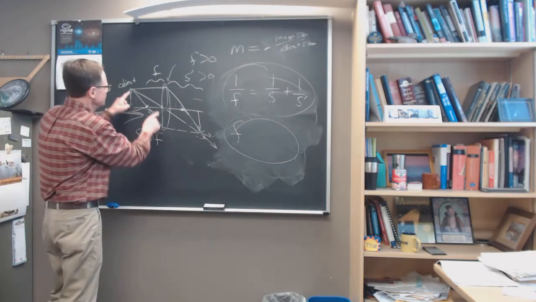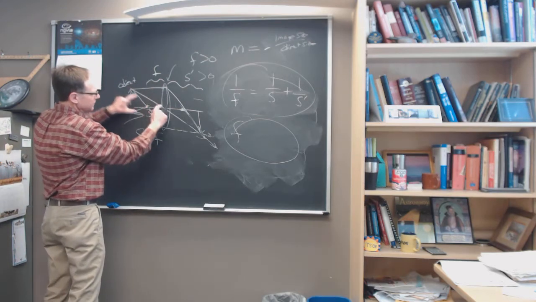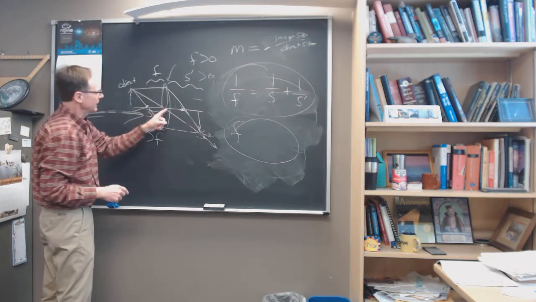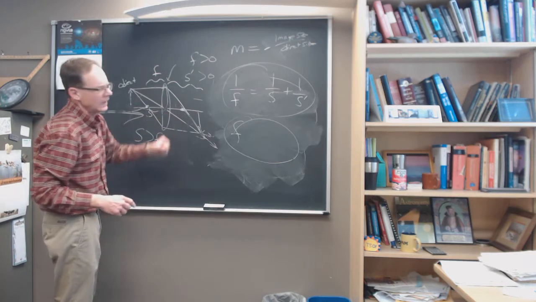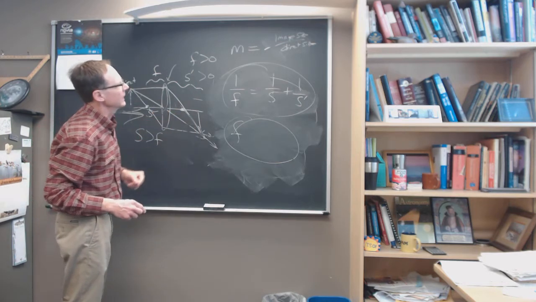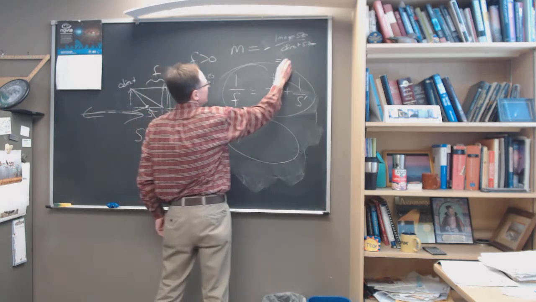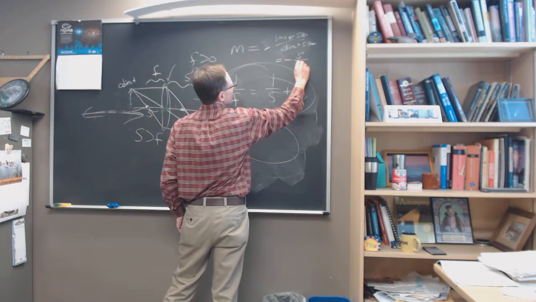And we would expect, you can just do similar triangles here. You've got a triangle, you've got a triangle. You know your angles through there. And so you can do similar triangles and figure out that we would expect this to be equal to negative s prime over s.